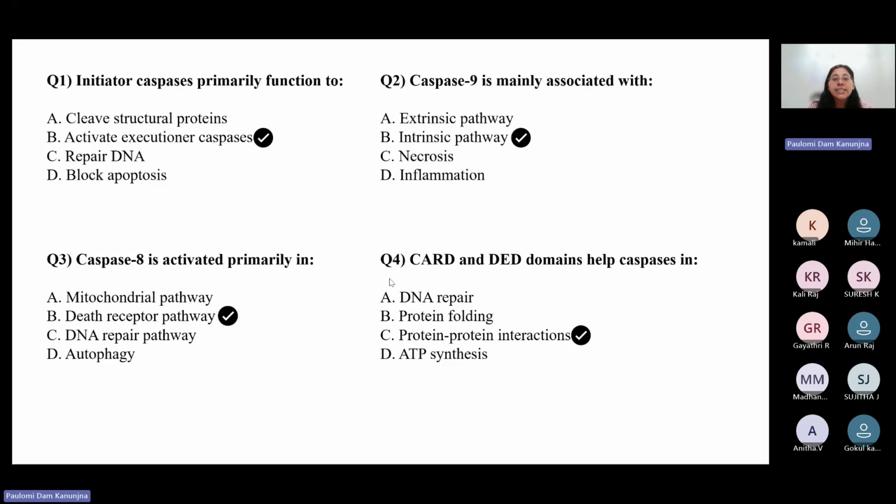Okay. And these CARD and DED are domains in caspases which are important for protein-protein interaction. So let me tell you the full form. The full form would have given away the function quickly. So CARD is basically caspase recruitment domain. So you can imagine that since these are interaction motifs, they are basically recruitment motifs.